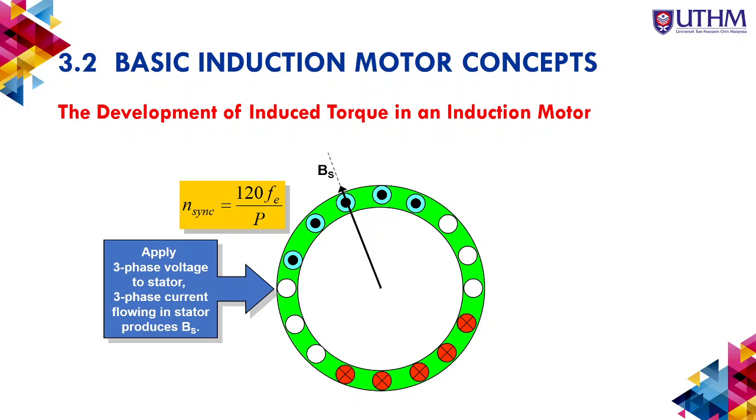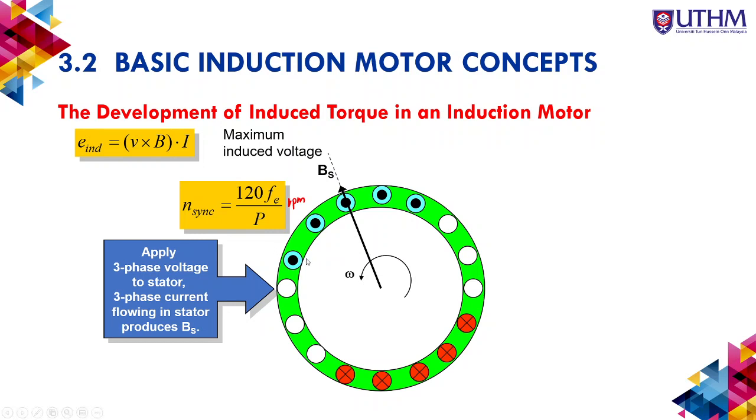Okay, so this will come out with the unit of RPM, because it is n. Okay, 120 times the electrical frequency, like your house frequency. Okay, and then the number of poles. So later on we will look at the number of poles. Okay, and then they will induce the maximum voltage. Okay, so this is, as I mentioned before, they will induce a maximum voltage. Okay, so this is the direction of the magnetic field.